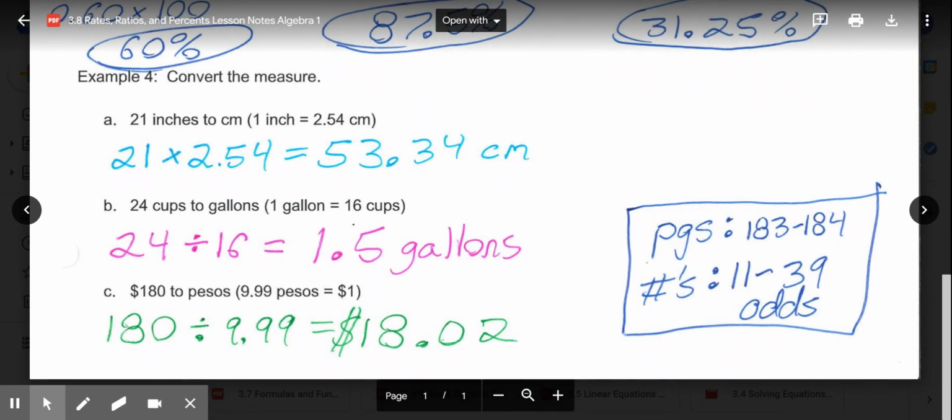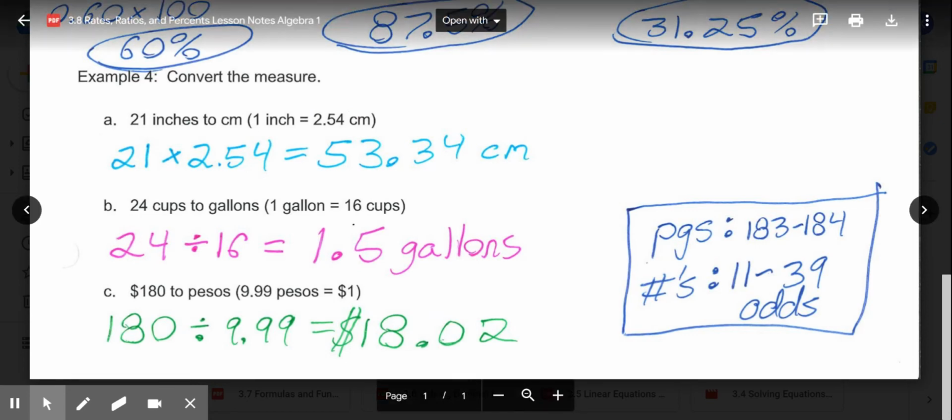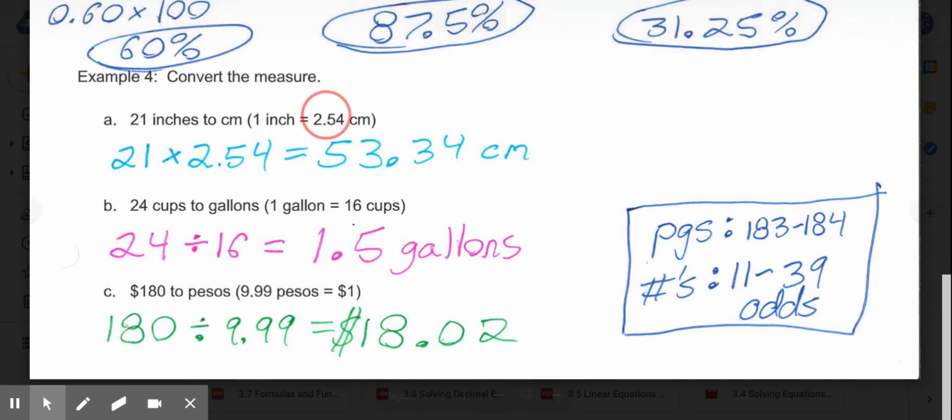And then our last section is looking at converting the measurement. So they give us a measurement, and then in parentheses, they're giving us the unit rate. So for example, in part A, it says 21 inches to centimeters. 1 inch is equal to 2.54 centimeters. So in this case, inches to centimeters, 1 inch is 2.54 centimeters.